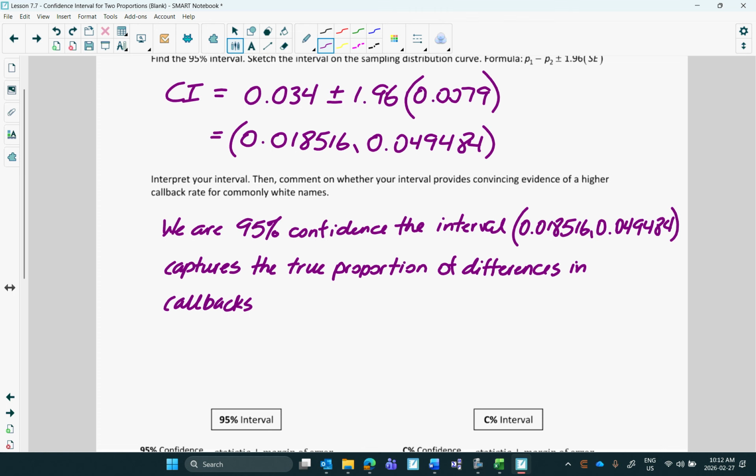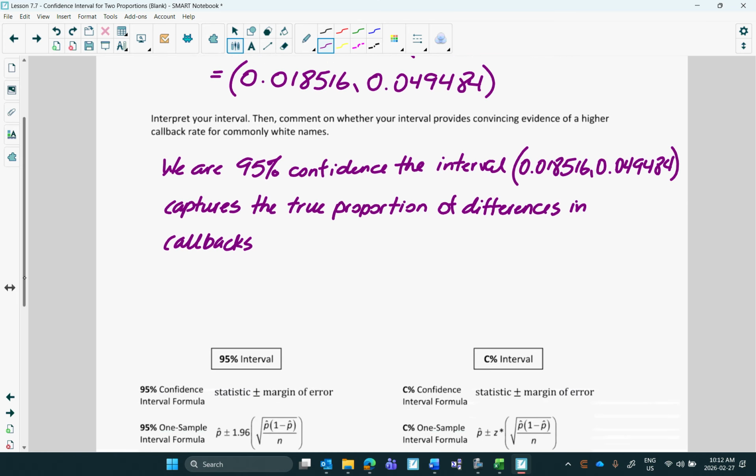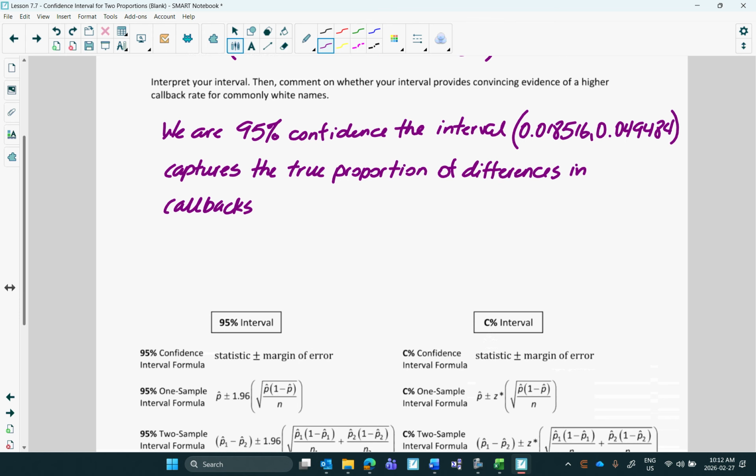And does it provide convincing evidence of discrimination? Yes. Why? Because the interval never goes below 0. Or we could say the difference in the interval never goes below 0.